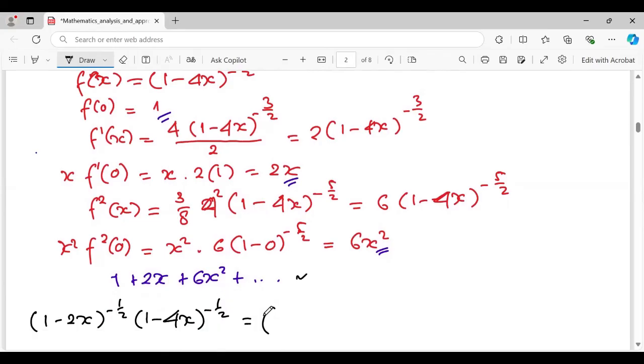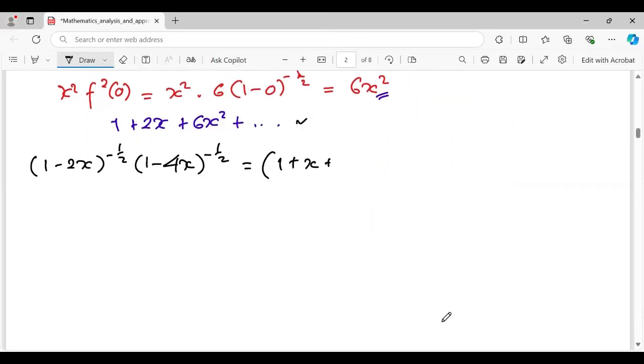So the first expansion, 1 plus x plus... wait, I need more space. 1 plus x plus 3 half x squared times the second expansion, this, 1 plus 2x plus 6x squared.